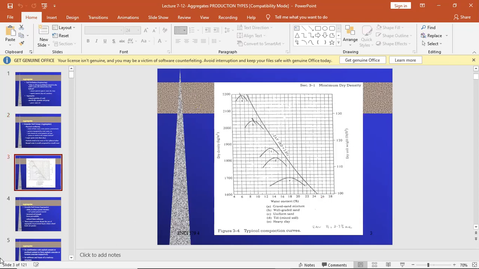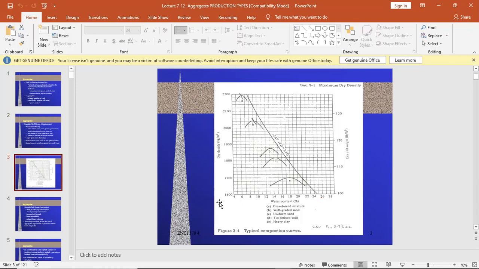This is how the soil particles behave. There is a dry density and a zero air voids curve. You also know how you find the dry density, and how different aggregates have higher dry density than others.